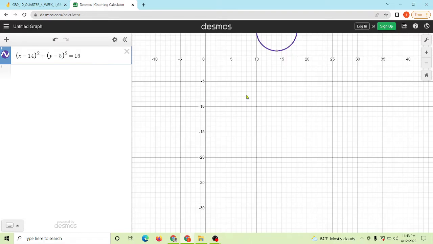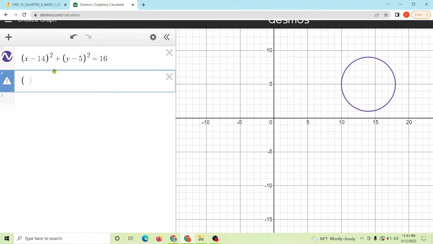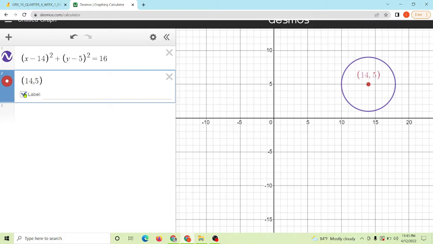Right, so there we have our circle and the moment of truth. So we said that, remember, we take the opposite of negative 14, which is positive 14. We take the opposite of negative 5, which is positive 5. And bingo, right there. That's my center. And that's how we do it in decimals.